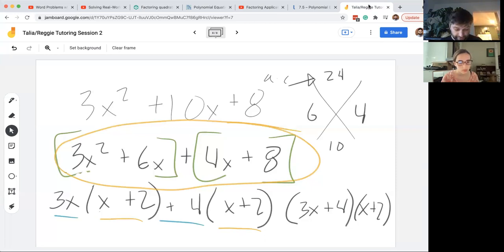Then you look for the greatest common factor in the first half, which in this case was 3x times x plus 2. You look for the greatest common factor in the second half, which was 4 times x plus 2. And now that the parentheticals are the same, that becomes one of your parentheticals, and the other one becomes 3x plus 4. And if 4 were a negative, so it were minus 4, then it'd just be 3x minus 4.